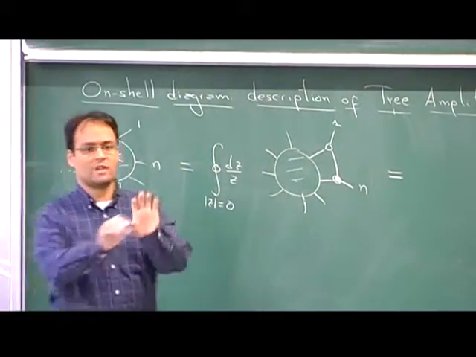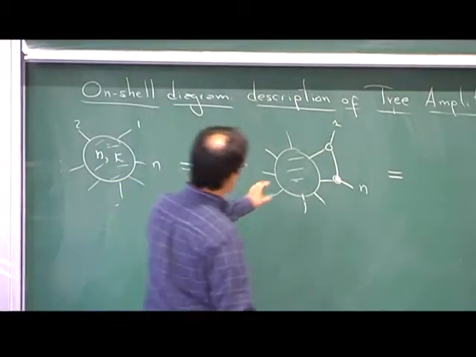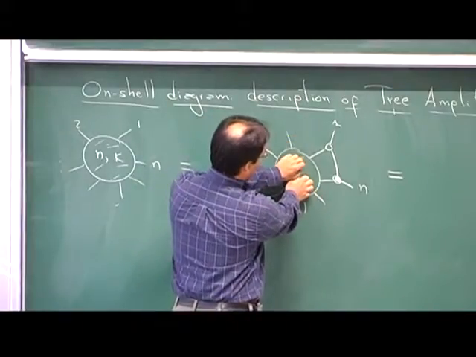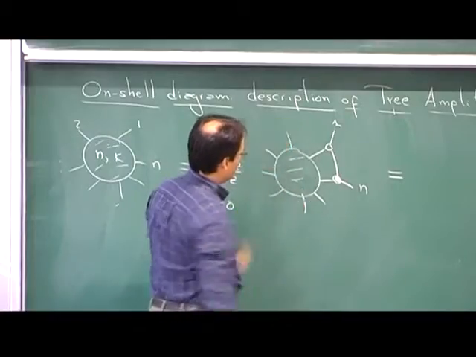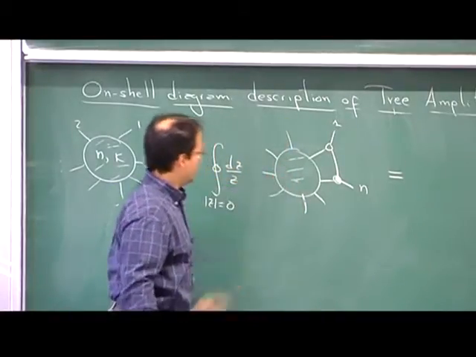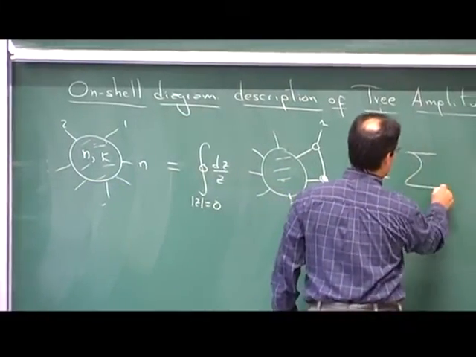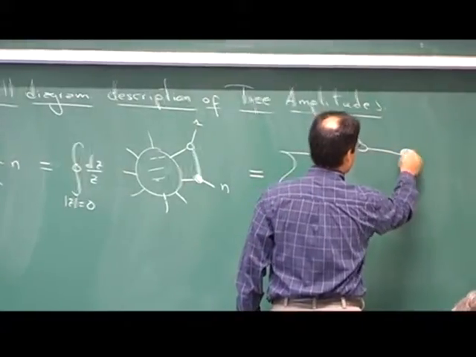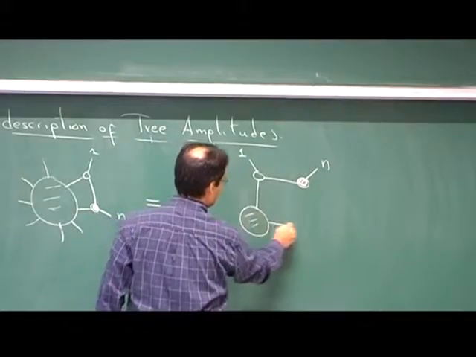But yesterday, we saw what a factorization channel looks like in on-shell diagrams. A factorization channel is nothing but literally taking these two things apart and joining them with an on-shell leg, with an on-shell edge, okay? So what do we get? Well, we get the sum over all possible factorizations of this object into smaller objects.